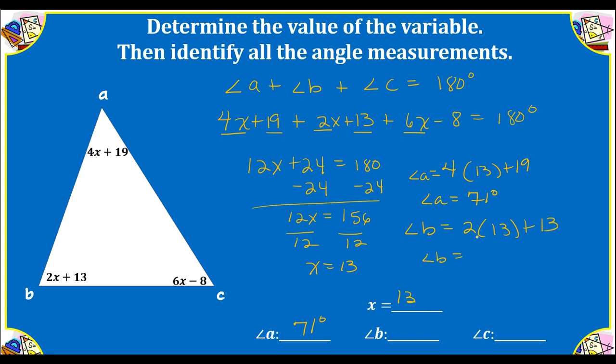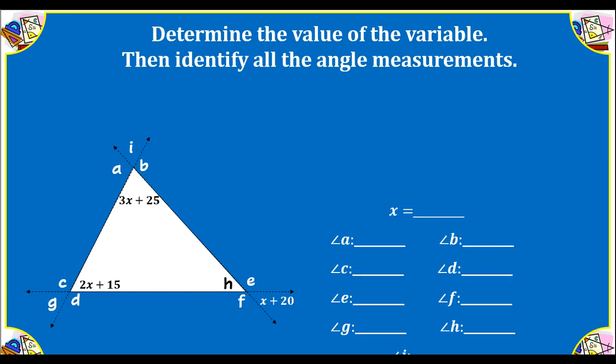So that's 26 and 13, 39 degrees. And then angle C is equal to 6 times 13 minus 8, and we get 70. To make sure, these three should add up to 180.